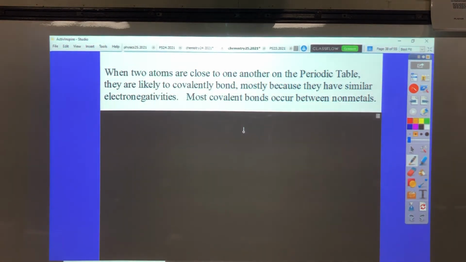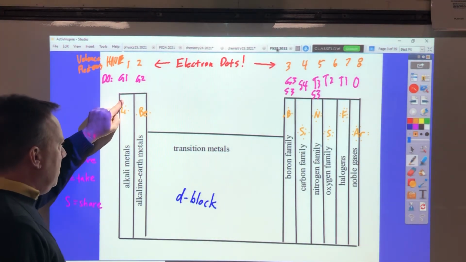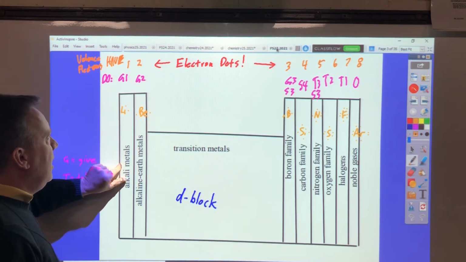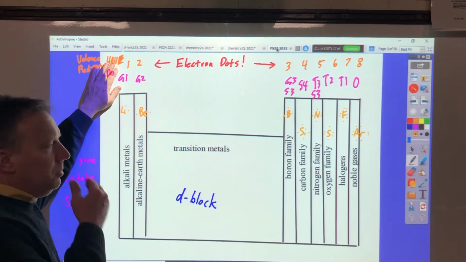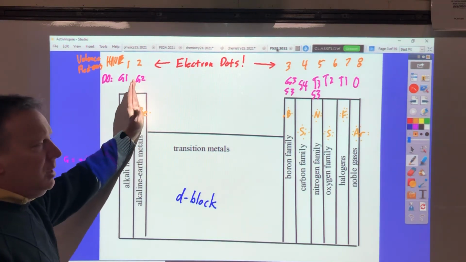So can metals ever covalently bond? Oh, sure. It's not real common, but oh, yes. Lithium, or anything in this column, can covalently bond with hydrogen.